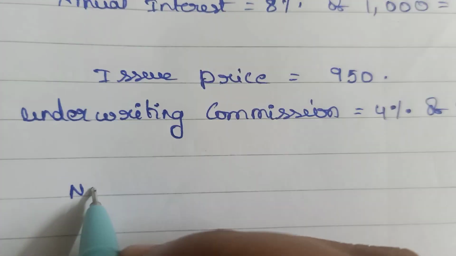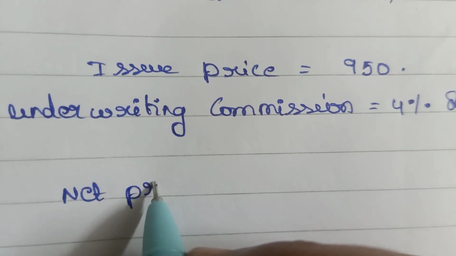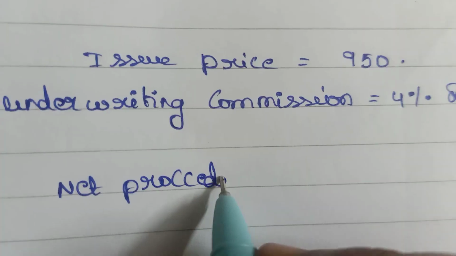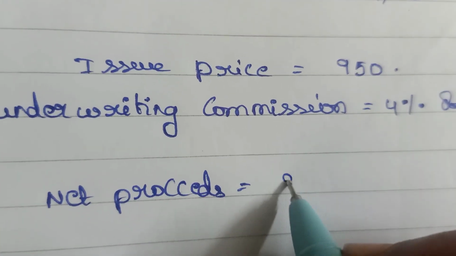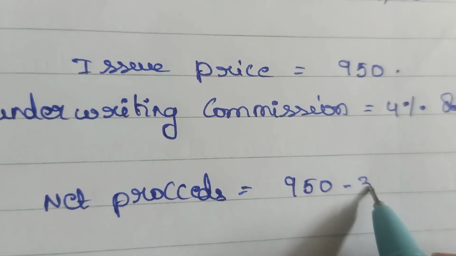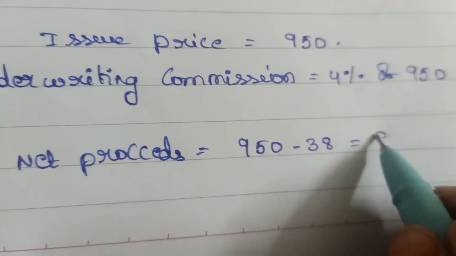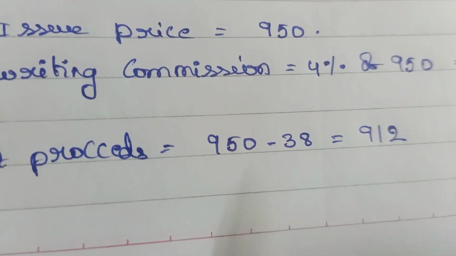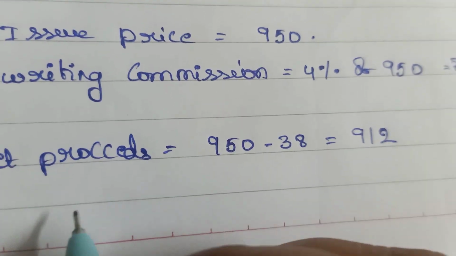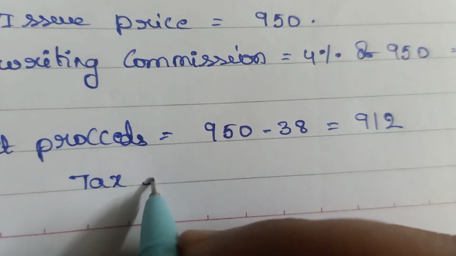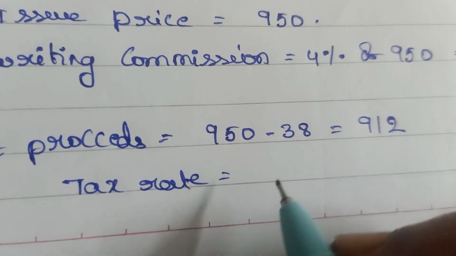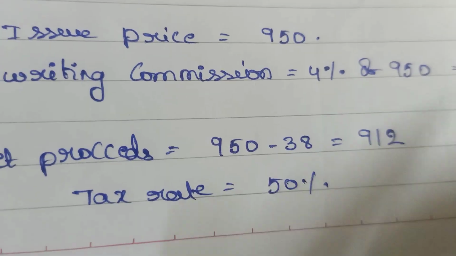So what is the net proceeds? The net proceeds is equal to 950 minus 38, which is equal to 912. What is the tax rate? The tax rate is 50%.